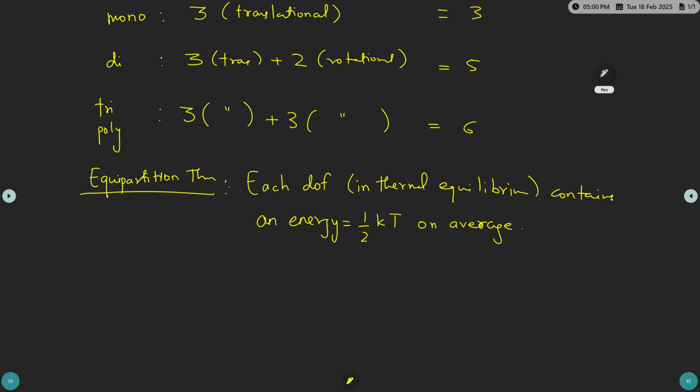So what this is saying is that whether that degree of freedom is translational or rotational, each degree of freedom receives the same amount of energy, which is half kT. T is the temperature and k is a constant known as the Boltzmann constant.